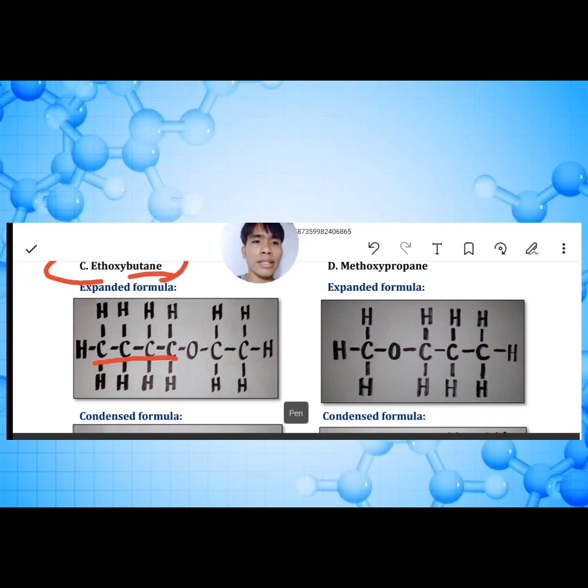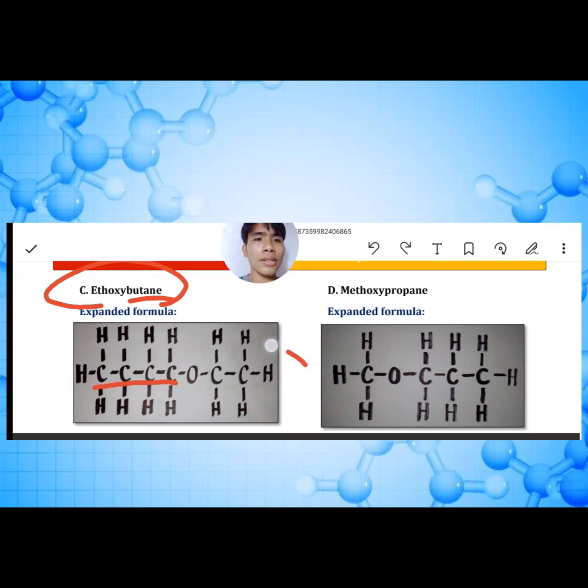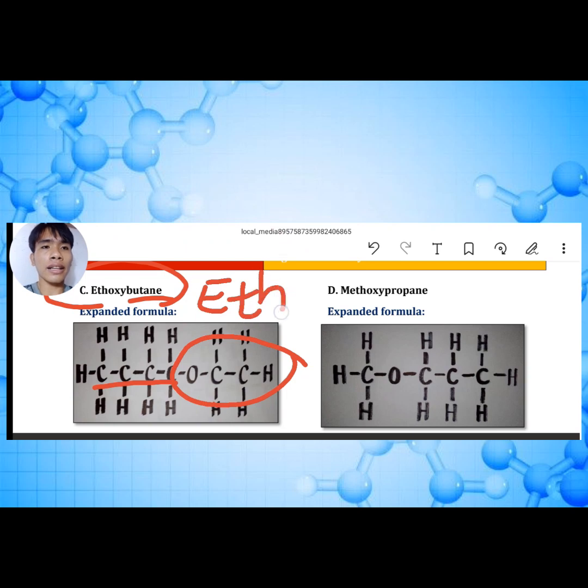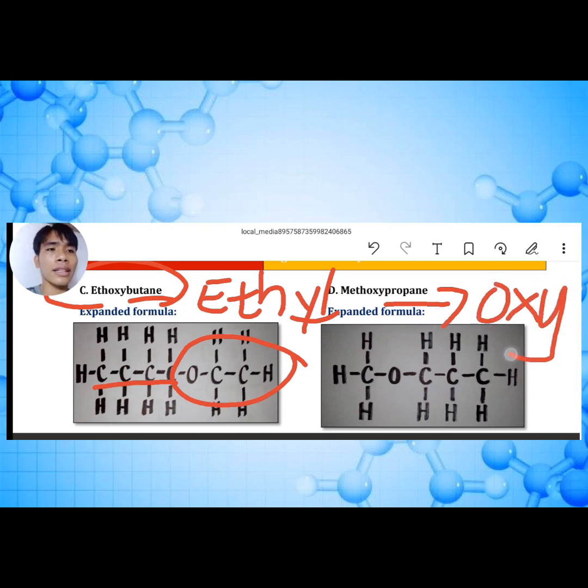Because it is the oxy substituent, this part is named as an oxygen substituent, wherein this ethyl, the suffix "yl" will change into oxy, and that's what becomes an ethoxy.